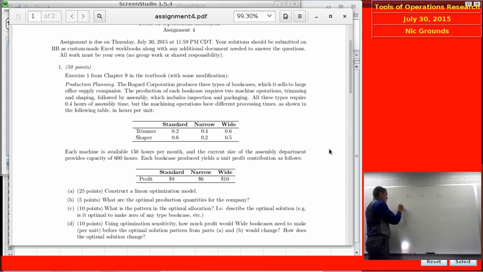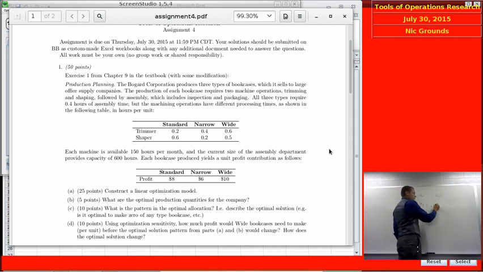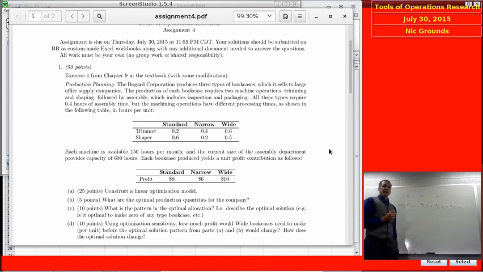So the objective function is going to be a linear function of these 3 decision variables, and it's something we're going to maximize. What we want to maximize is profit. Well, for every standard bookcase we make, we can make $8. So $8 times S plus $6 times N, number of narrow bookcases, plus $10 times W is the objective function.